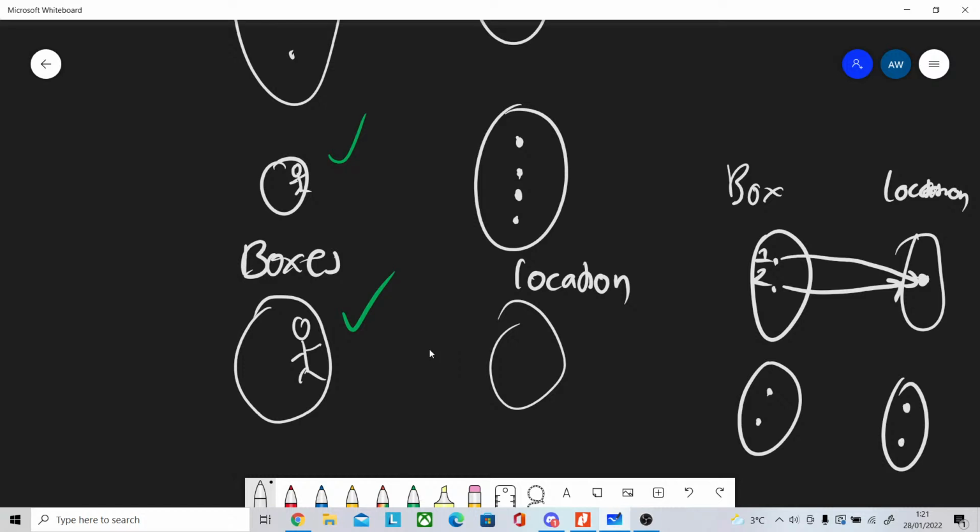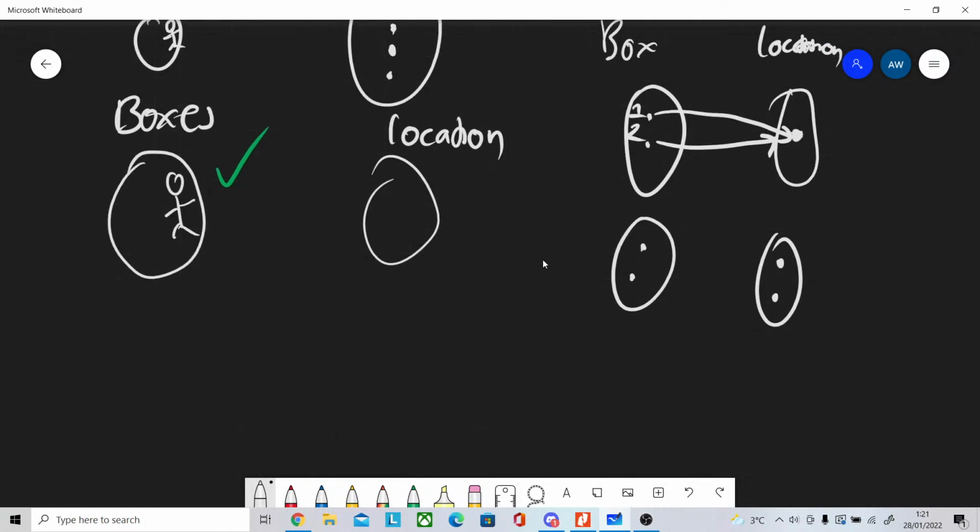Whereas if you have something like this, then there are 4 ways to do the job. You can move these 2 boxes into this location, or into the second location, or move box 1 into location 2 and box 2 into location 1, or box 1 in location 1 and box 2 in location 2. So the 4 options is just 2 to the power of 2, 4. This is just 1 to the power of 2, 1. So there's only one way you can do the job here, and there are 4 ways you can do the job here.